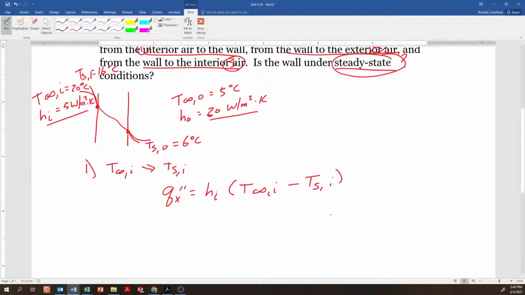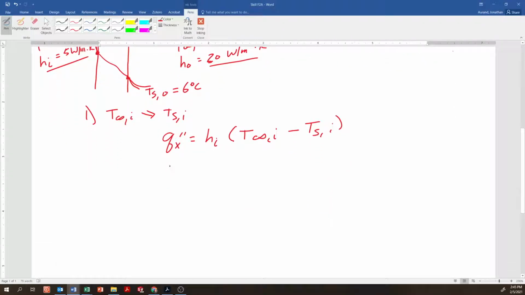Alright, so we're going to fill in some values now. What do we get? 5 times 20 minus 16. So that works out to be 4 times 5, is 20 watts per meter squared, from the air to the wall.